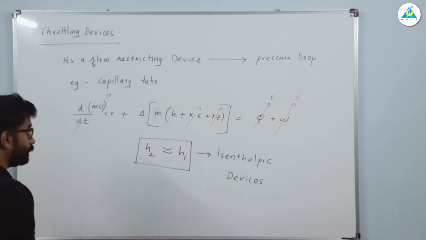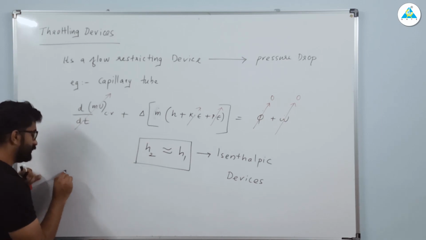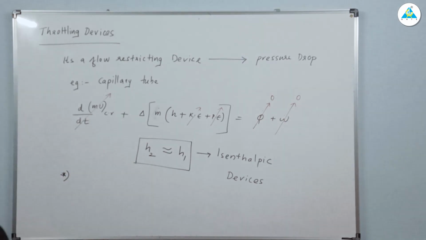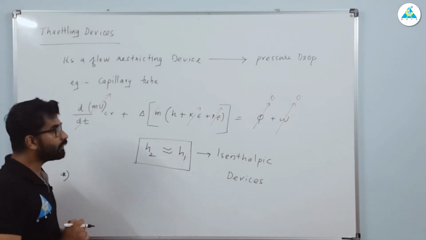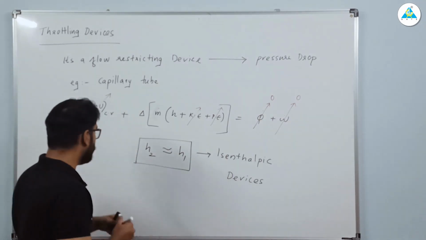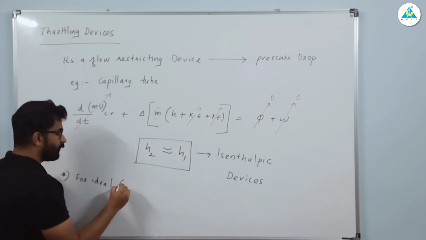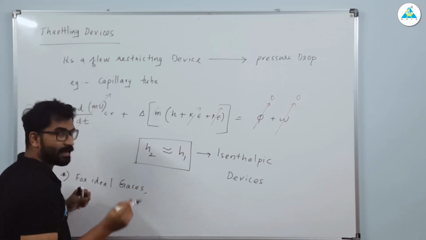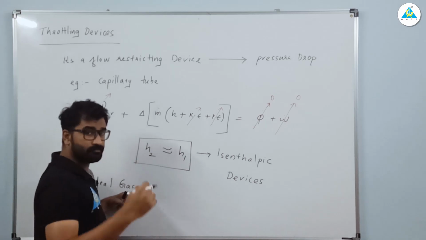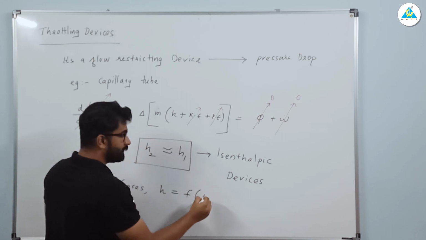Now, up to this is fine. Now you can see the major change. I hope the board is visible now. We already said it is an isenthalpic device, and it is an adiabatic device because we are taking Q equal to 0. Now remember, for ideal gases what is the change? For ideal gases, as we studied in closed systems, enthalpy is a function of temperature only.